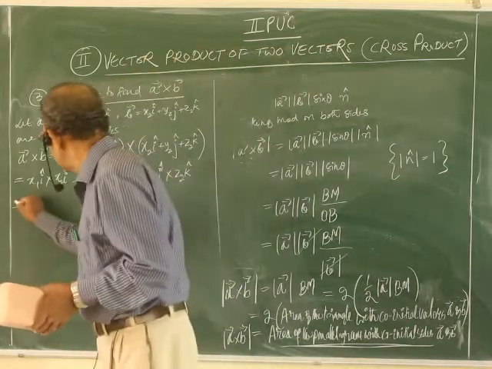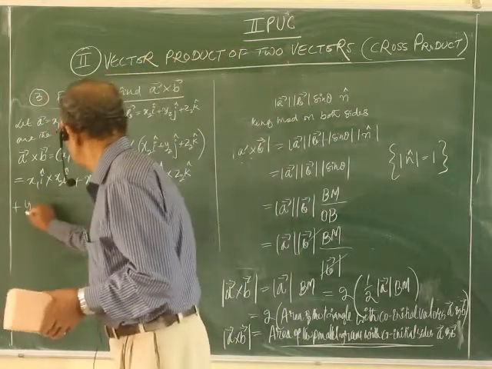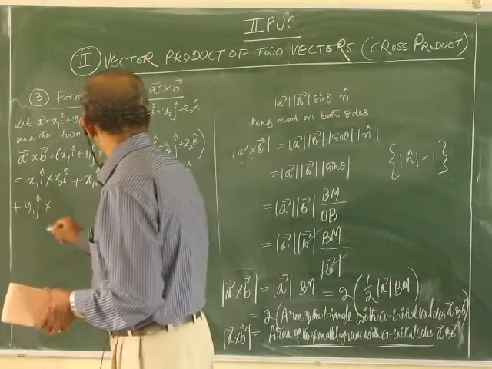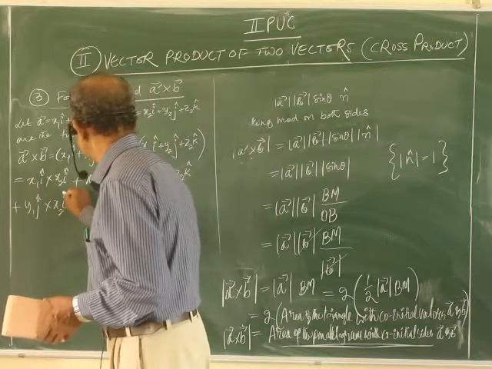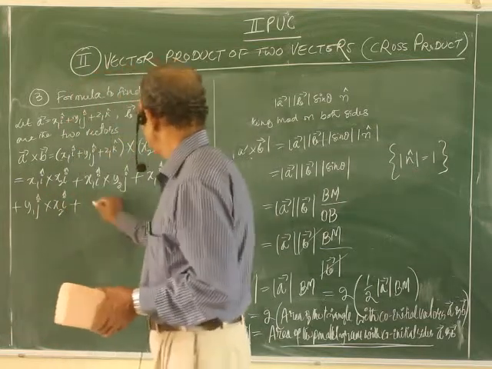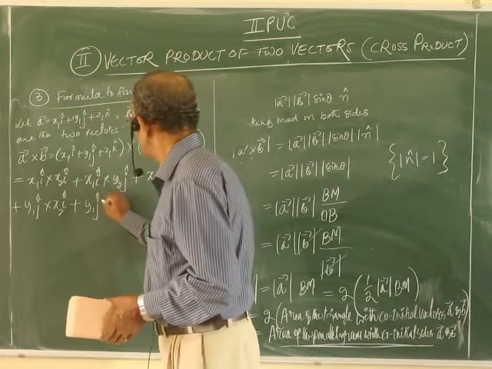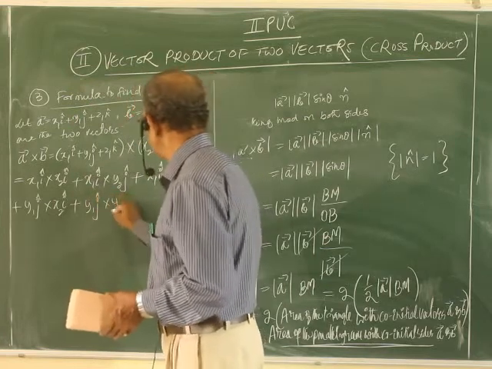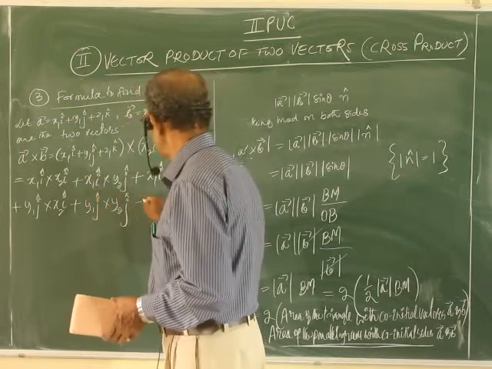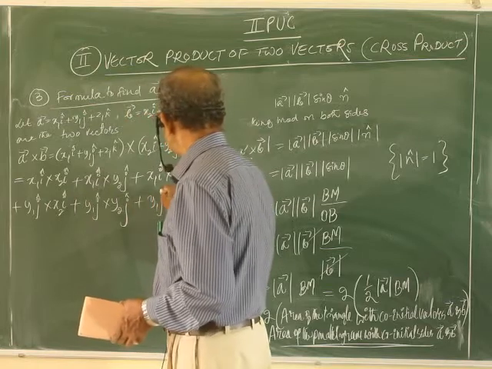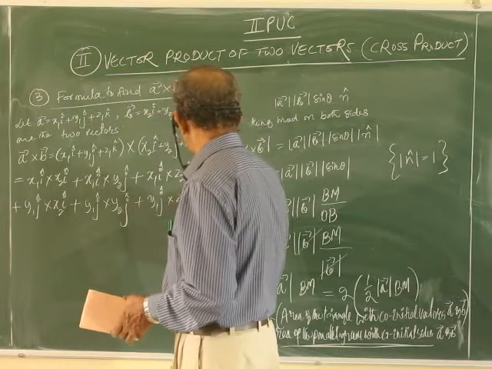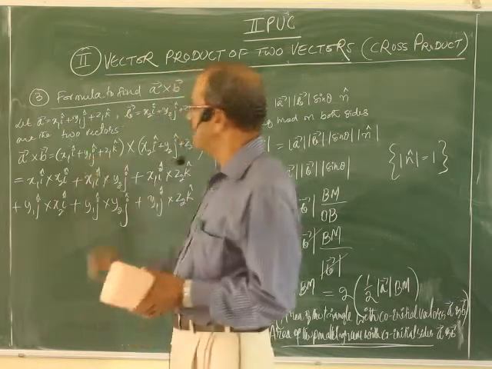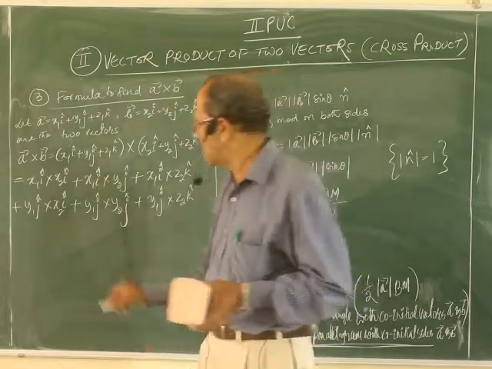Plus, continue, from this, y1j cross x2i, y1j cross y2j, y1j cross z2k, multiplication by y1j is also over.